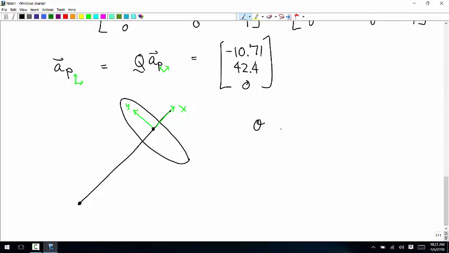So what's going on here now is the origin is accelerating, and the axes are rotating.